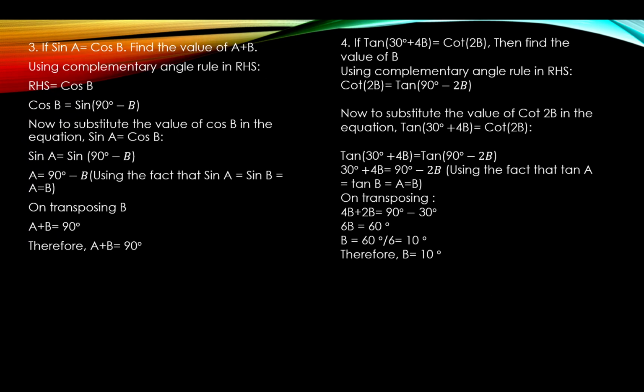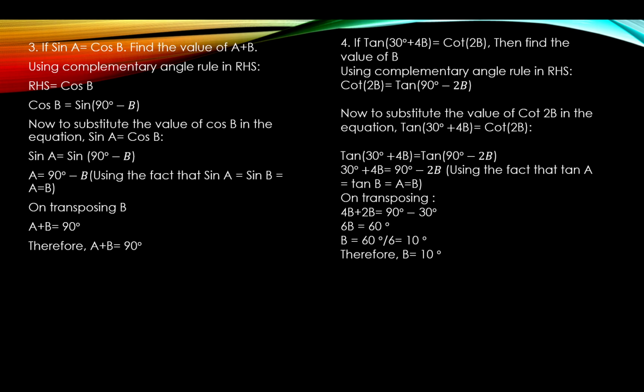Question number 3 and question number 4. If sin A is equal to cos B, find the value of A plus B. Using the complementary angle rule on the RHS, cos B is equal to sin (90 minus B). Substituting this in the equation, sin A is equal to sin (90 minus B).